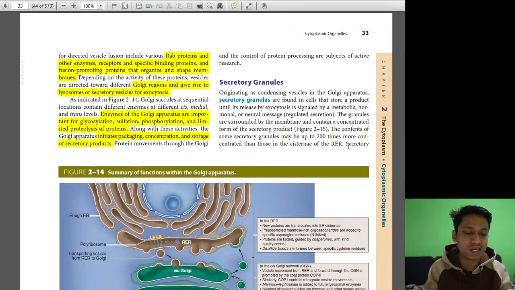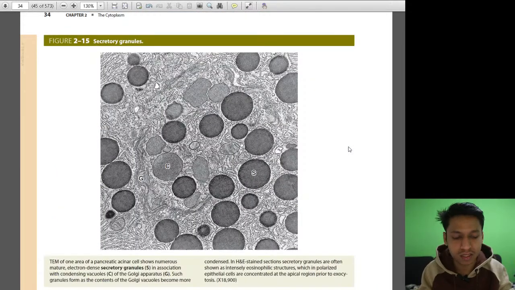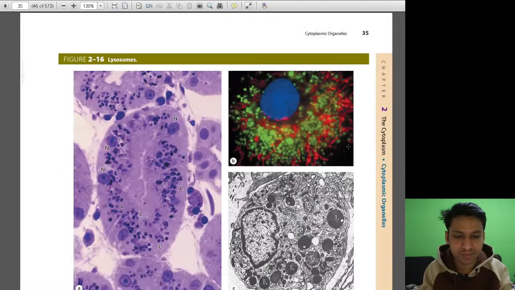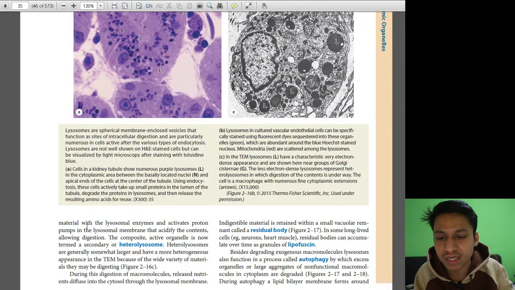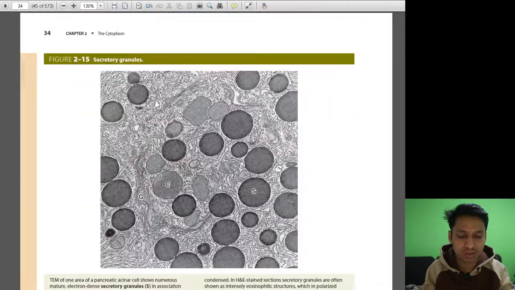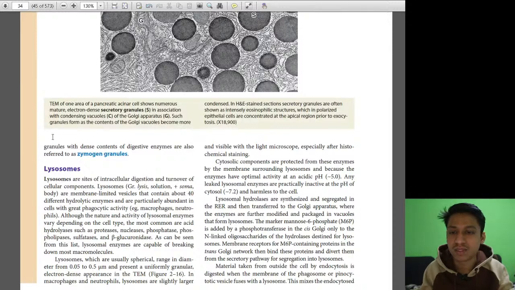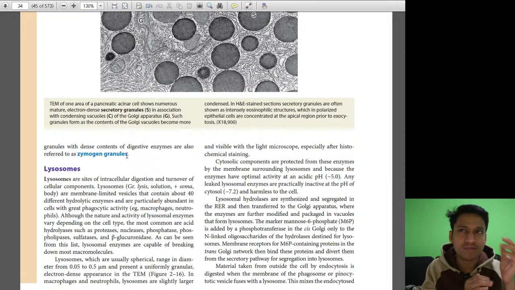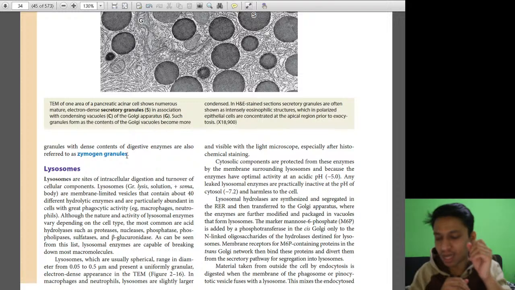The secretory granules with dense content of digestive enzymes are referred to as zymogen granules. We'll study about this in the chapter where we study digestion. What are zymogen granules?